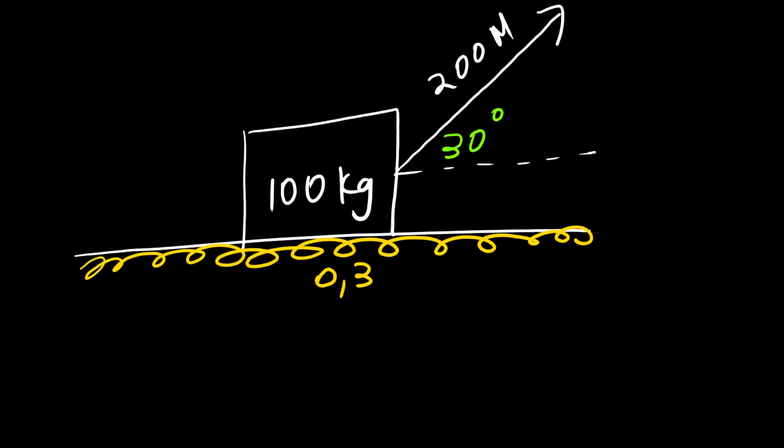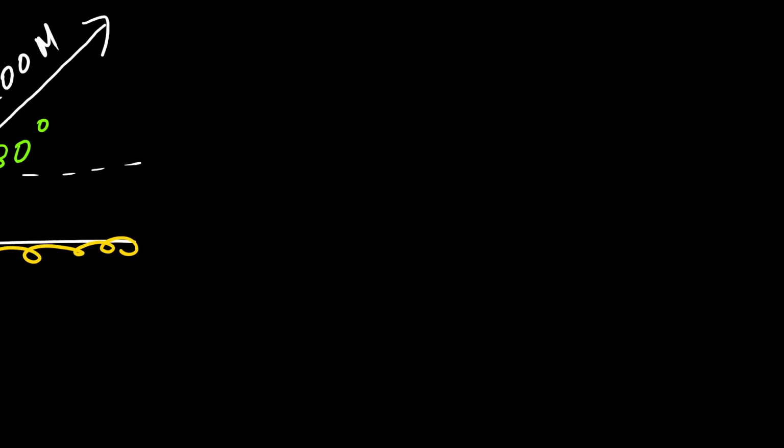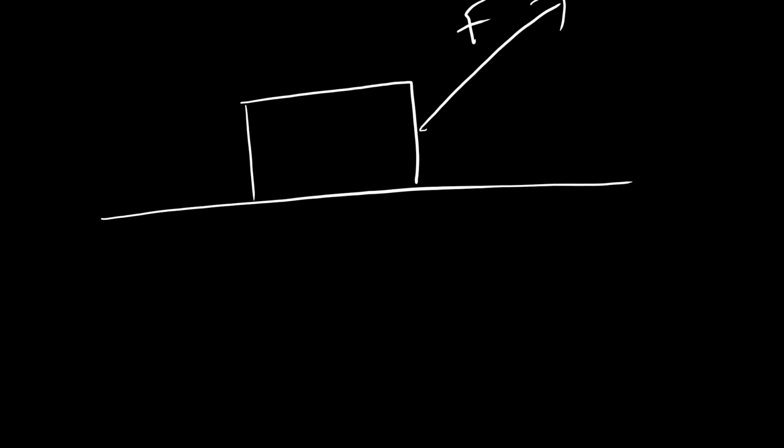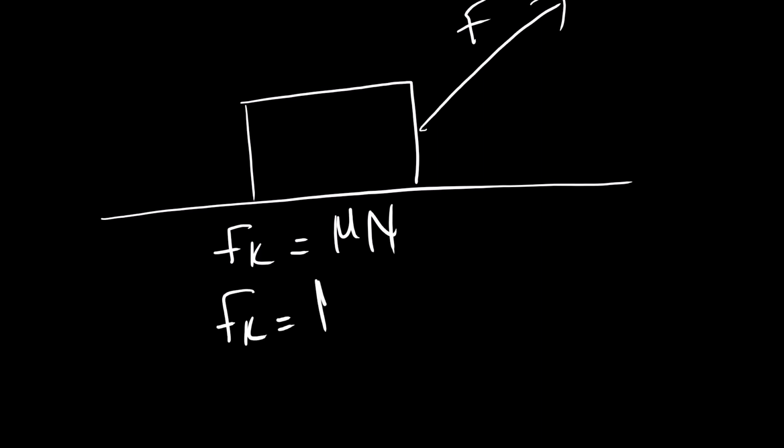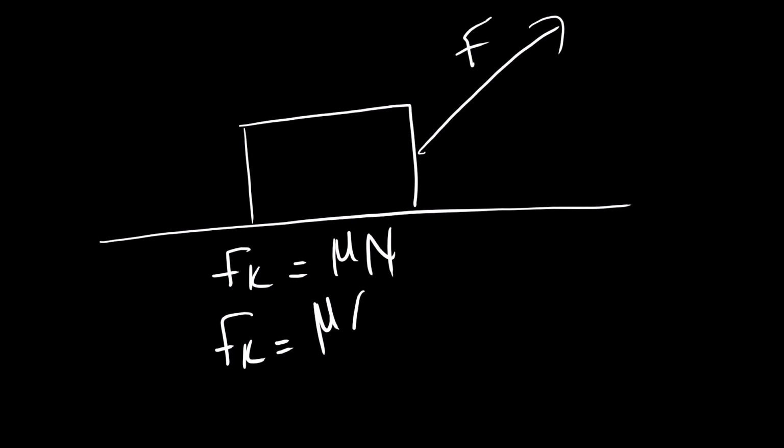Our next example is this one. But before we look at this, let us generate the equation. Remember, the equation is Fk is equal to coefficient multiplied by normal force. Remember the normal force in this situation.